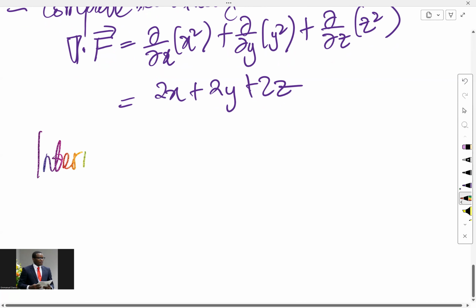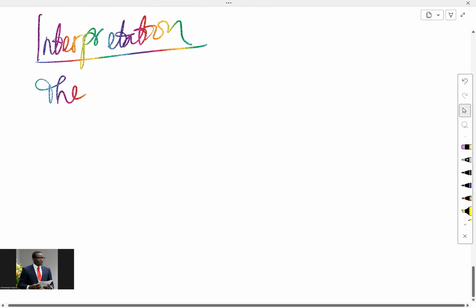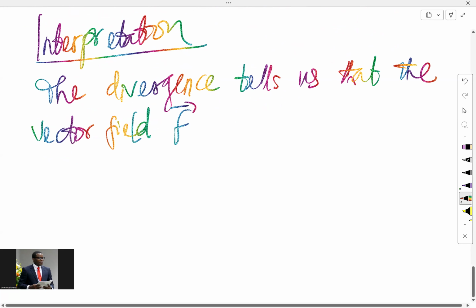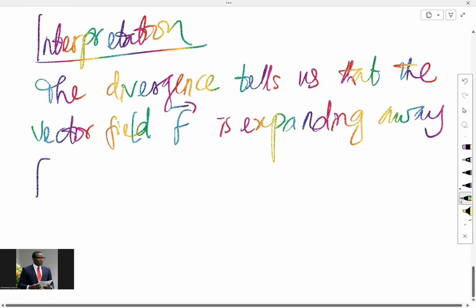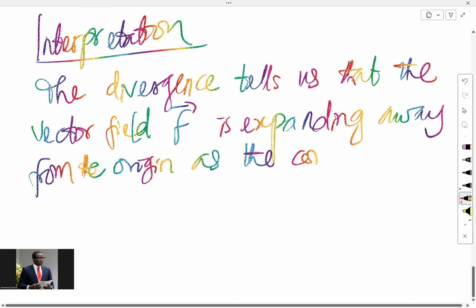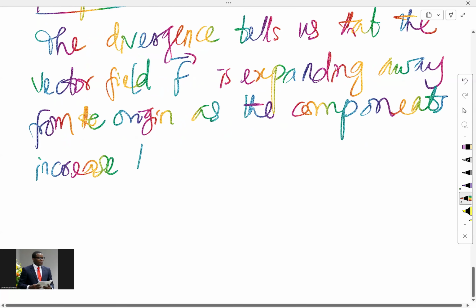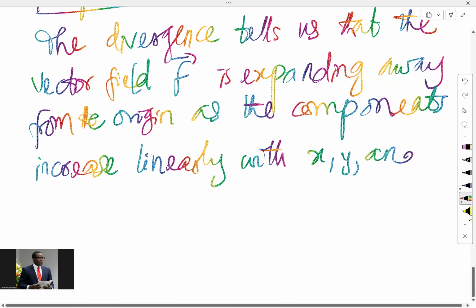Let's talk about the interpretation. So the divergence tells us that the vector field F is expanding away from the origin as the components increase linearly with x, y, and z.